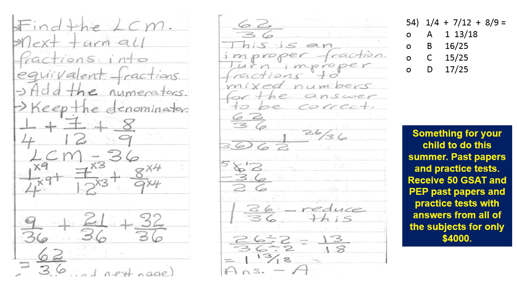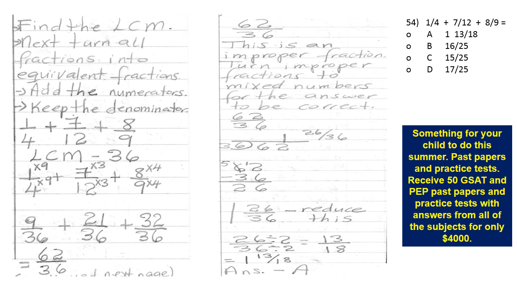First, find the LCM. Next, turn all fractions into equivalent fractions. Next, add the numerators. Next, keep the denominator. So 1 over 4 plus 7 over 12 plus 8 over 9.